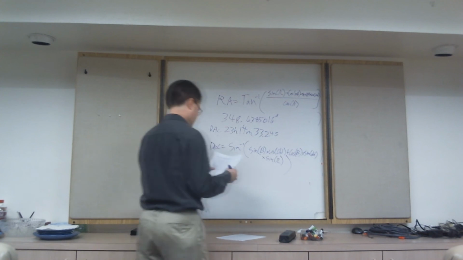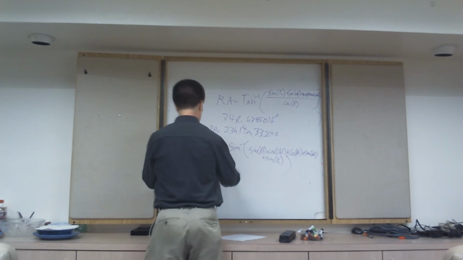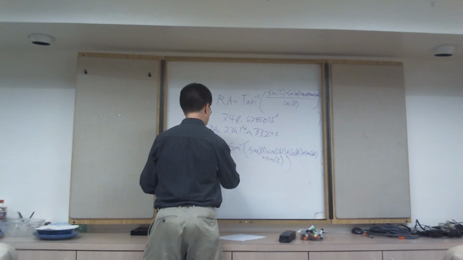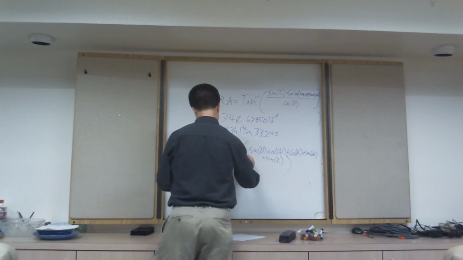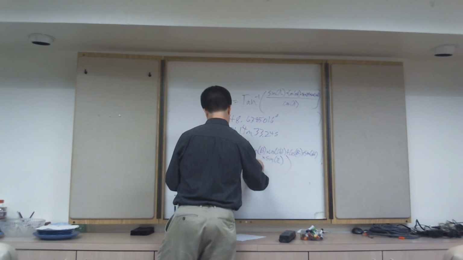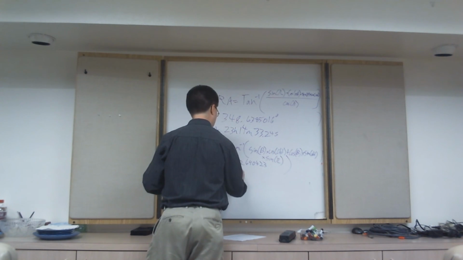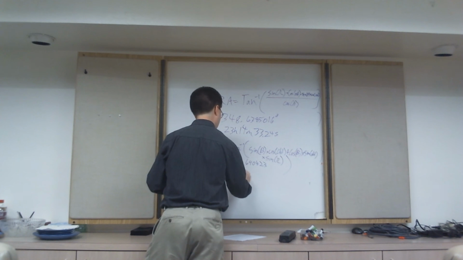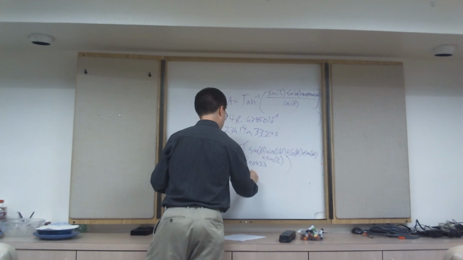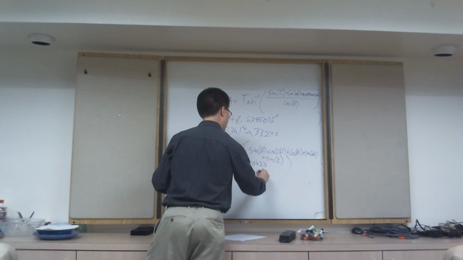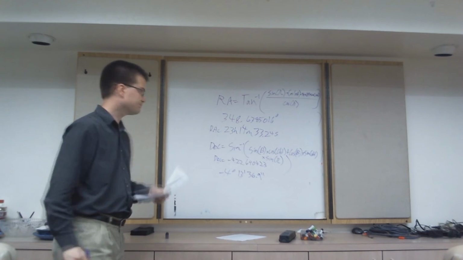And if you run those numbers, you get a declination of negative 4.2226904723 degrees, which works out to negative 4 degrees, 13 arc minutes, 36.9 arc seconds.